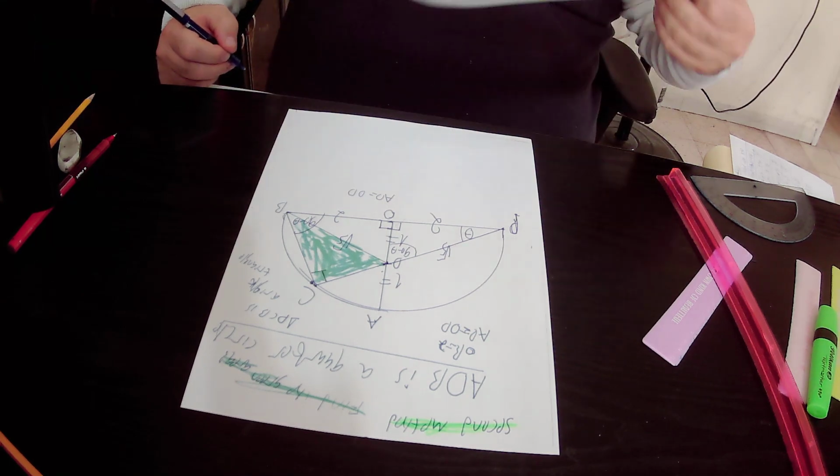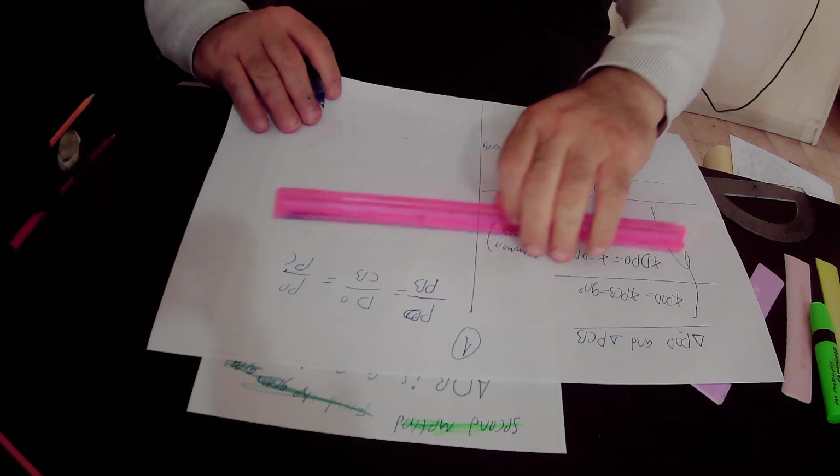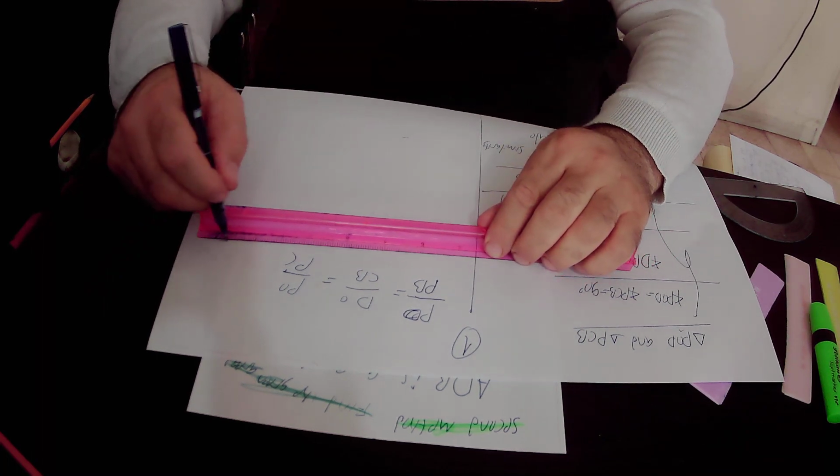Repeat again, we conclude that PD over PB equals DO over CB equals PO over PC.